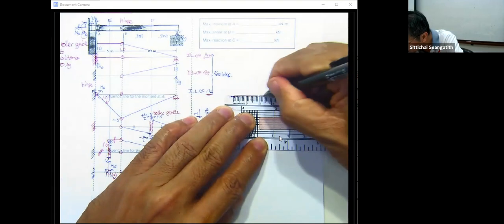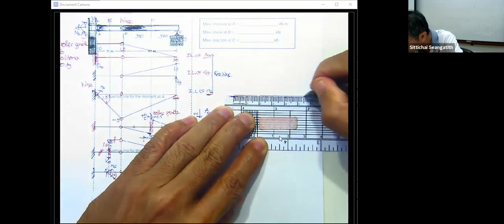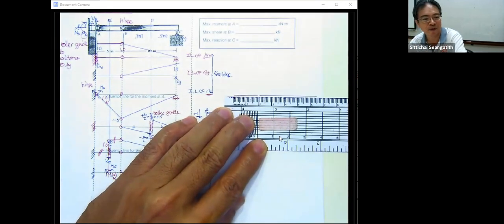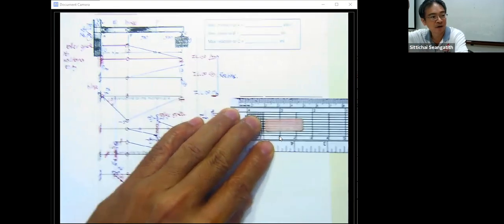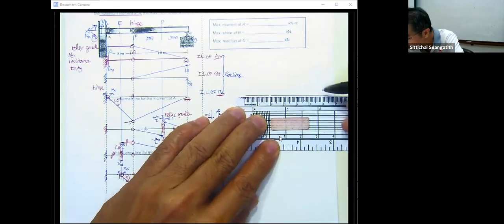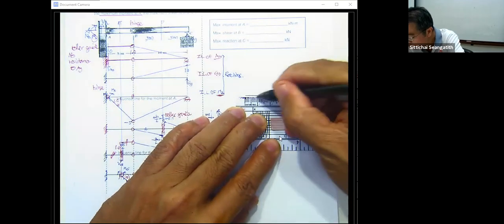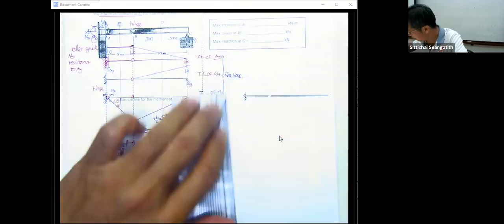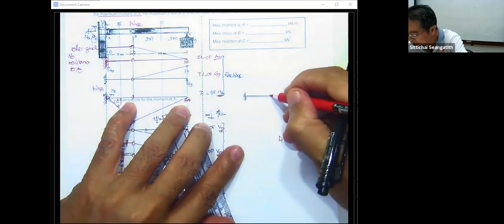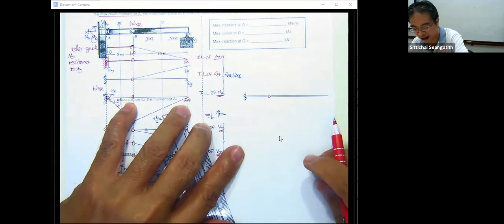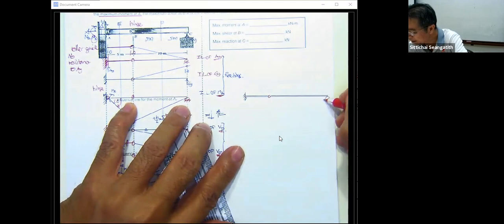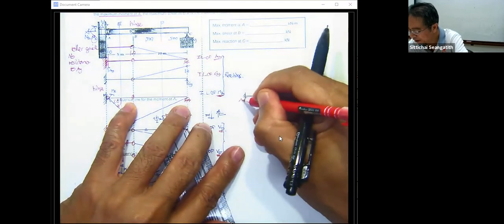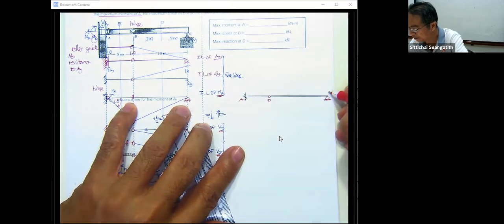Let me put this into position, and this is going to be our beam. This is the fixed end, this is the hinge, and this is going to be the roller. This is A, B, C.